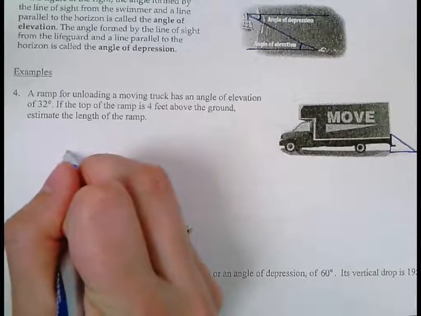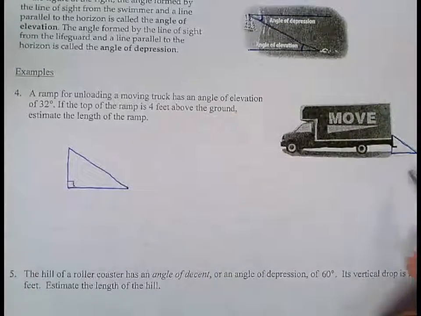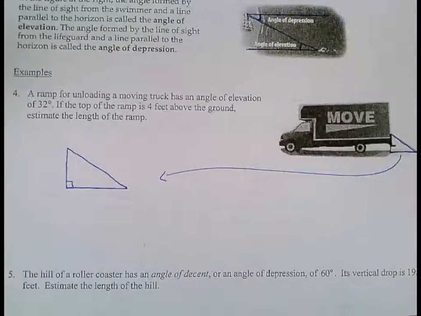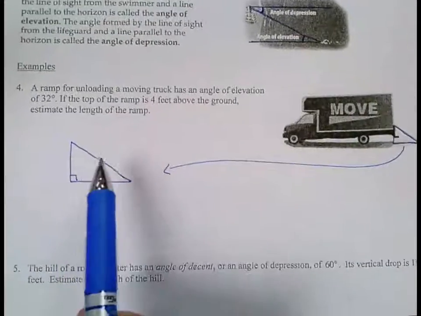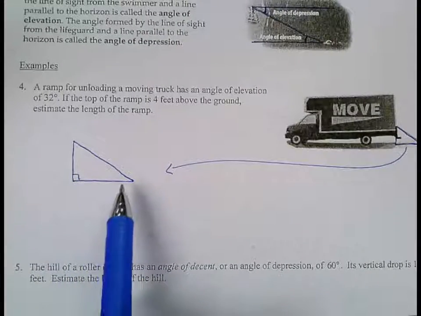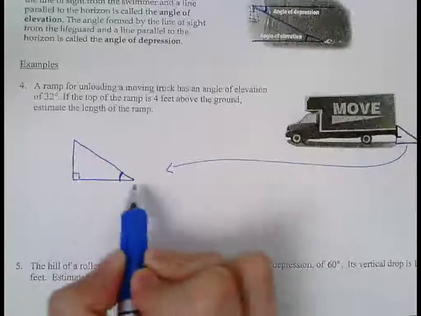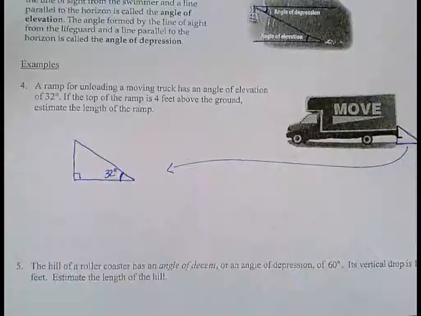I'm going to draw this right triangle created by the ramp a little larger. The angle of elevation of 32 degrees is the angle that the ramp creates with the ground. If the top of the ramp is 4 feet above the ground, which side in relation to the 32 degrees should be labeled as 4 feet?